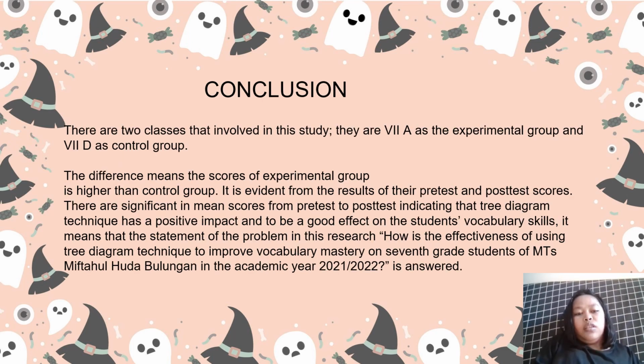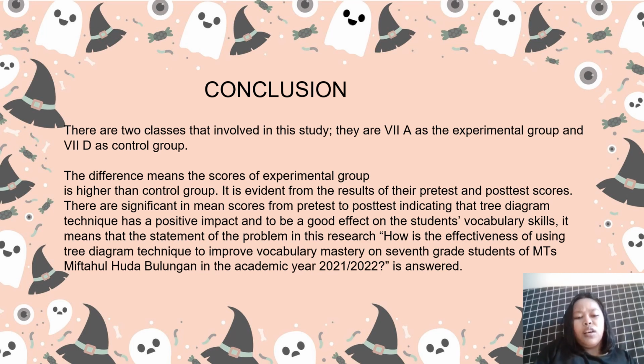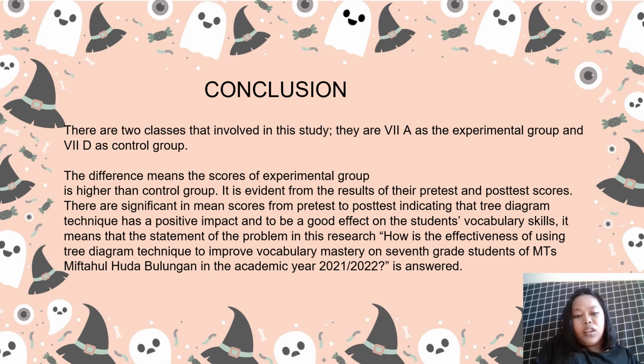Conclusion. There are two classes involved in this study. There are 7A as the experimental group and 7D as the control group. The mean score of the experimental group is higher than the control group. It is evident from the results of the pretest and post-test scores. There is a significant difference in mean scores from pretest to post-test, indicating the tree diagram technique has a positive impact and a good effect on the students' vocabulary skill.